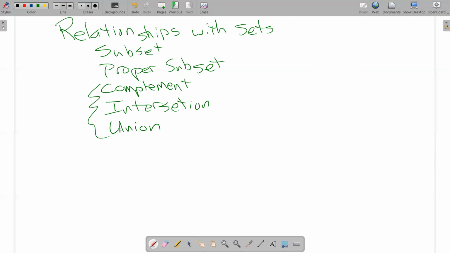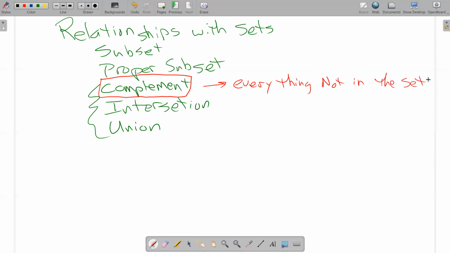So a complement, we'll do that one first. Is everything that is not in the set. And there's different notations you'll see for the complement of a set.